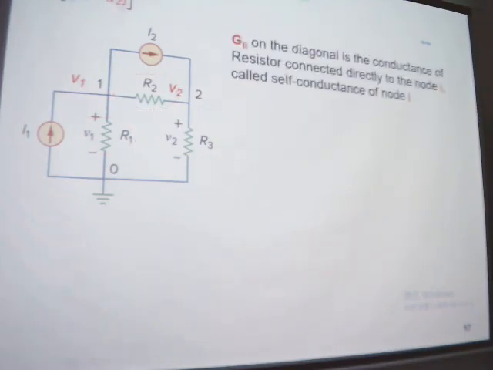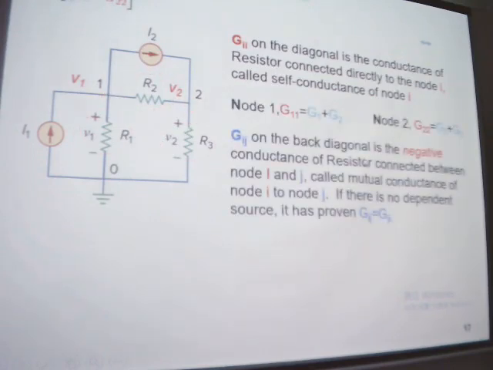The Gii on the diagonal is the conductance of the resistances connected directly to node i, called the self-conductance of node i. The red part is called self-conductance. And the off-diagonal Gij is the negative conductance of the resistance connected between node i and j.